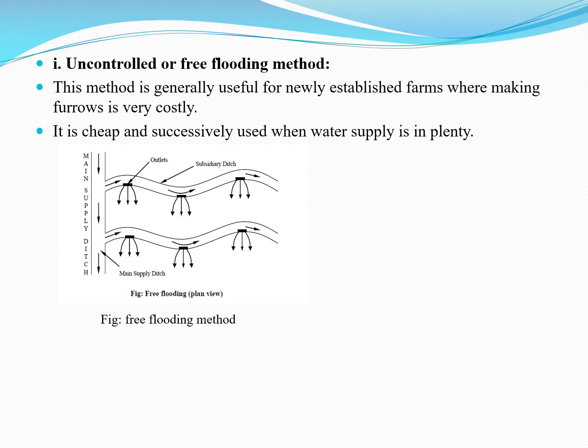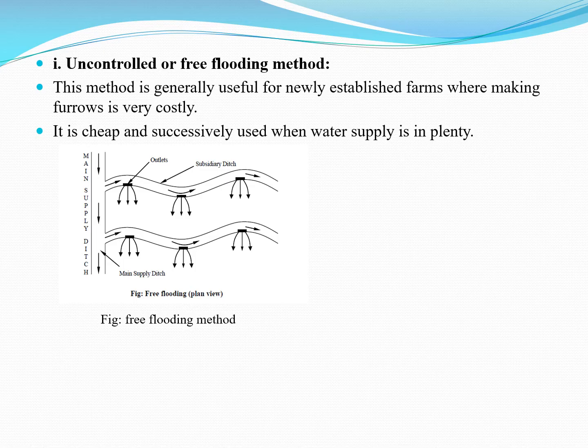This method is generally useful for newly established farms where making furrows is very costly. So where there is unavailability of furrows, this method is generally adopted.